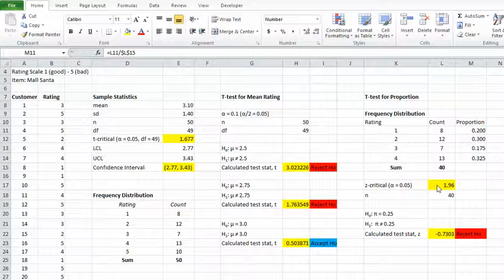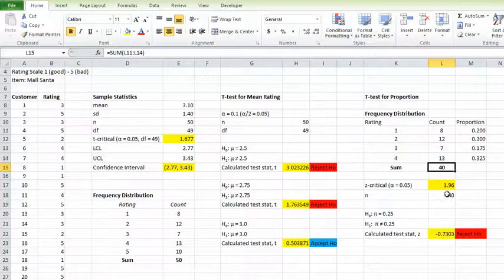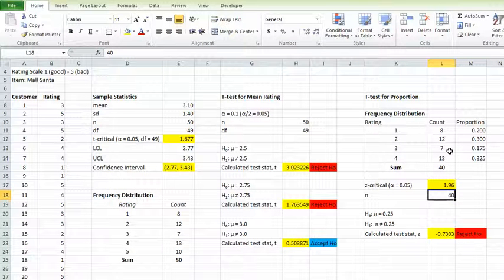That's going to be our critical level. We're going to be comparing our value to see whether it falls inside of 1.96 or outside. N is 40. You're going to have to come up with a new n for each of your problems when you're doing variables 11 through 17, because it will vary.